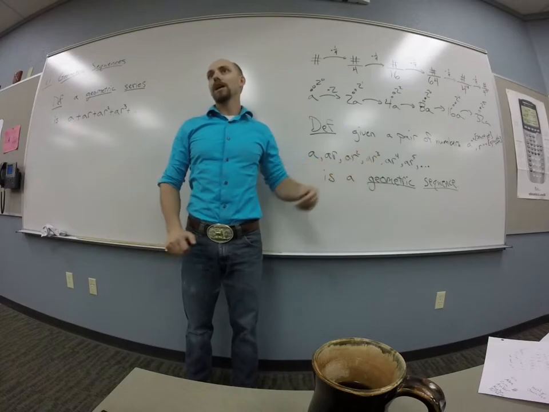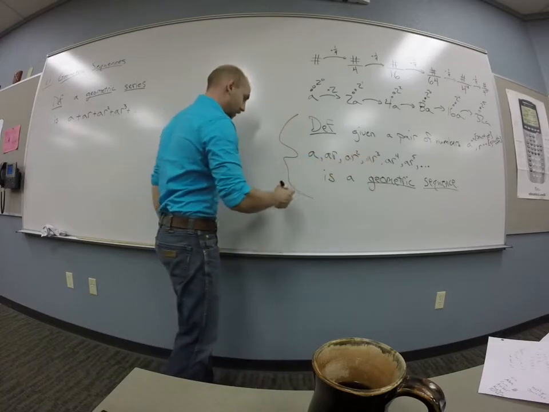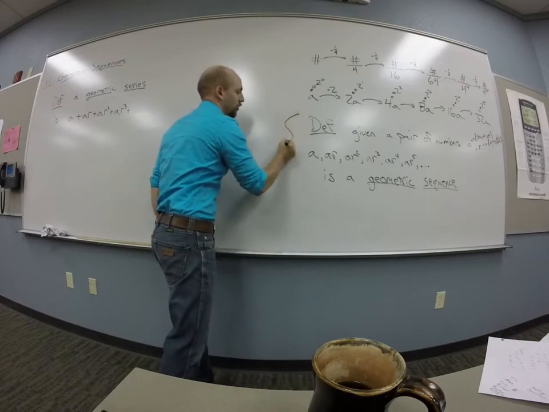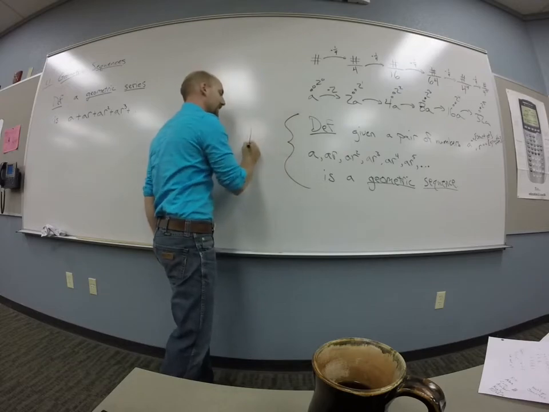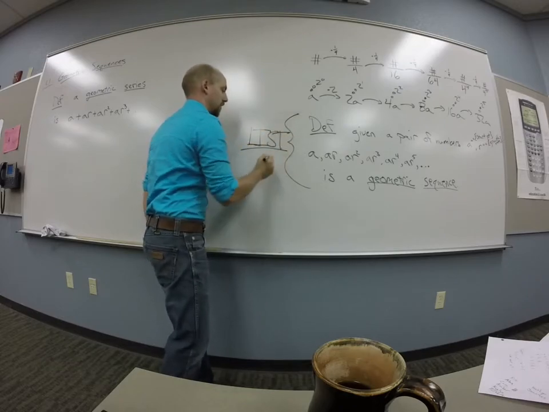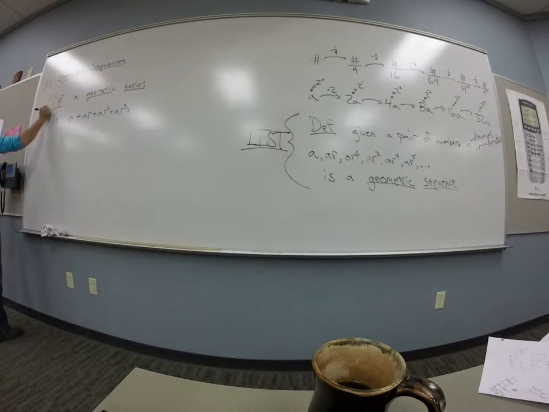So the big thing here is this gadget. This whole gadget, this definition, is really about a list. This whole gadget here is about a number, the result of what you get when you add all these things up. You guys see that?